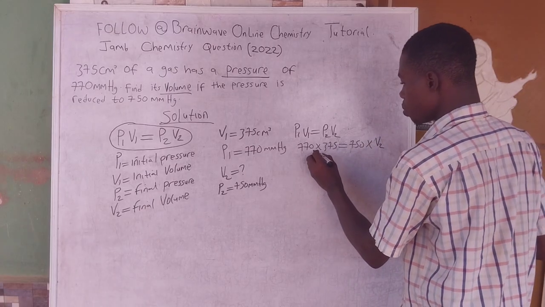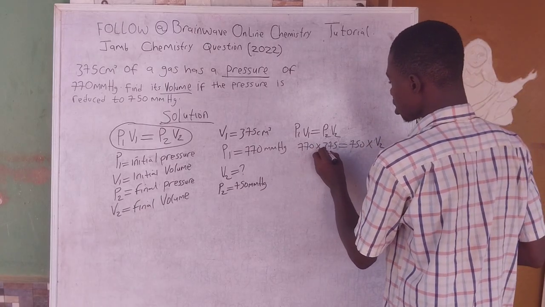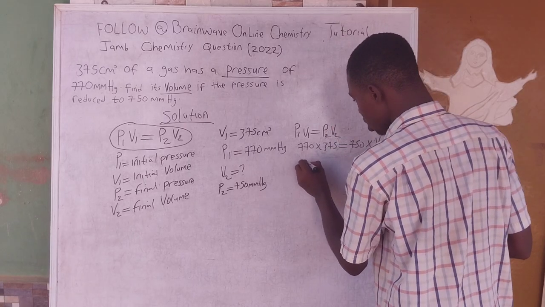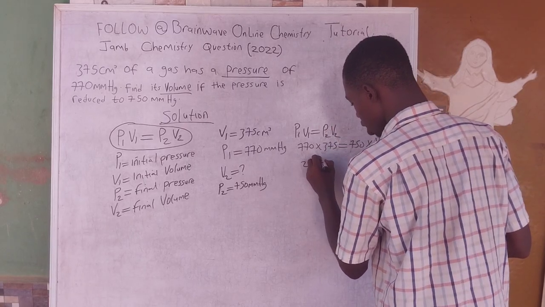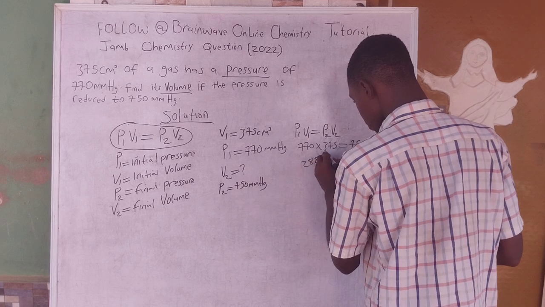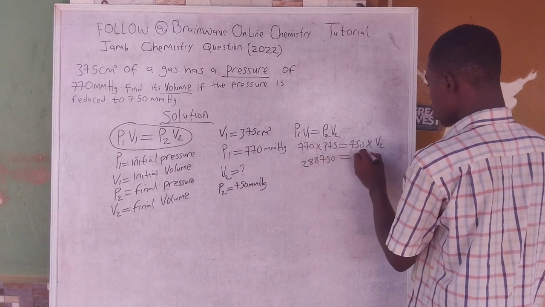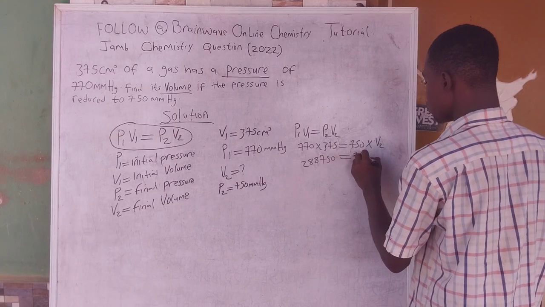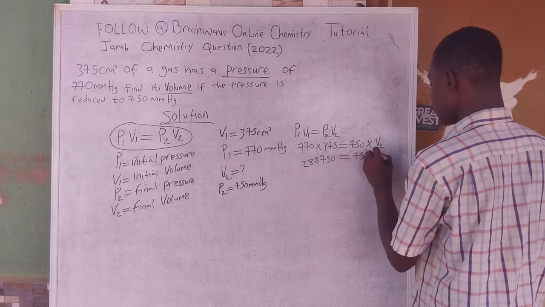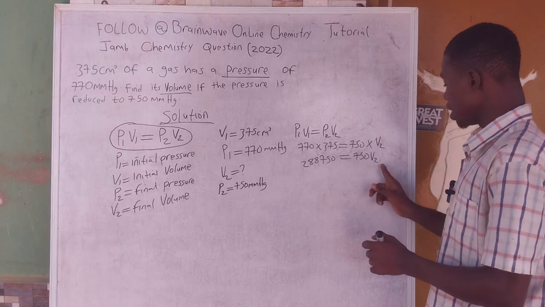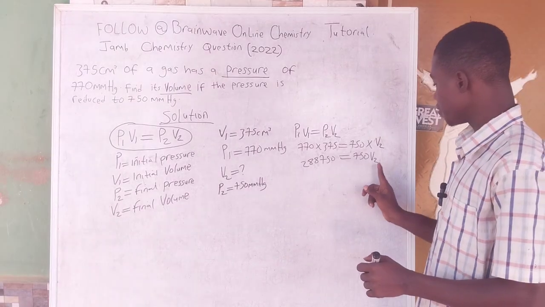Now 770 times 375, if you multiply these two together, you're going to get 288,750, which is equal to 750 times V2. We're going to get 750 V2.